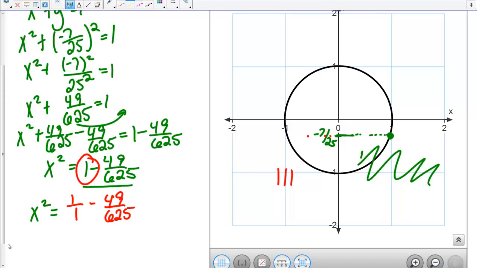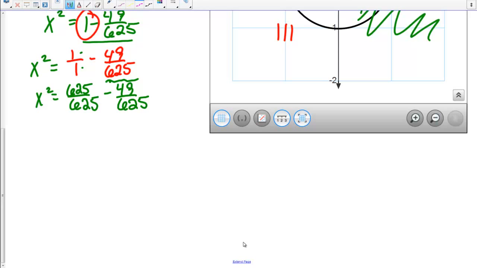So our common denominator is going to be 625. So we have x squared. We're going to multiply both the top and the bottom by 625, minus 49 over 625.